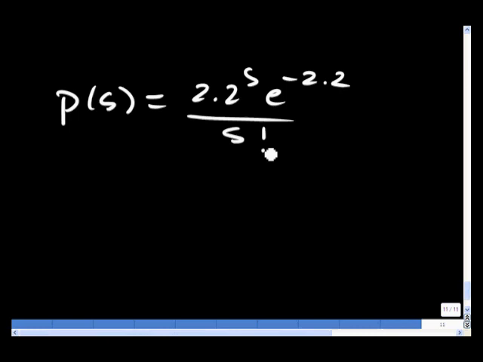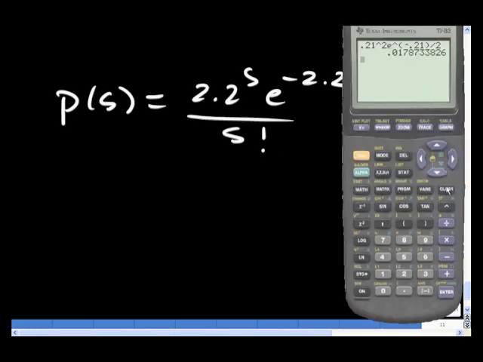Let's see what this is approximately. 2.2 raised to the 5th power times my exponential number to the minus 2.2 power, divided by 5 factorial.